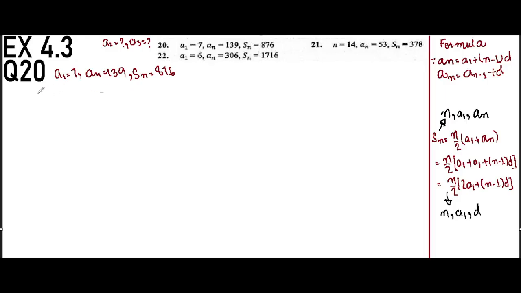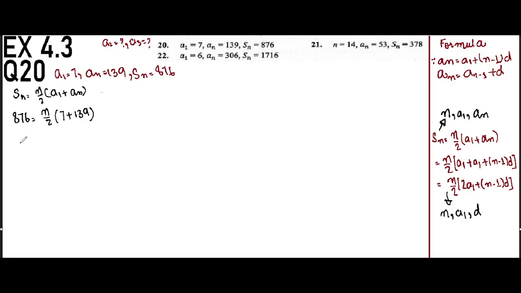Okay. Sn is equal to n by 2 into a1 plus an. So Sn, 876, is equal to n by 2 into a1, which is 7, plus an, which is 139.